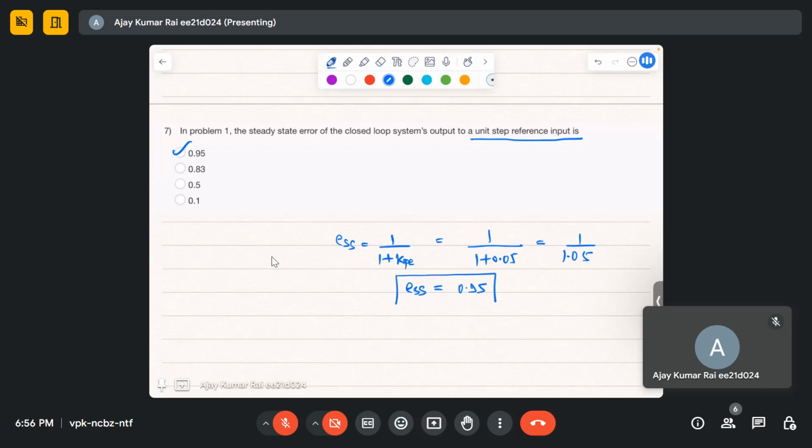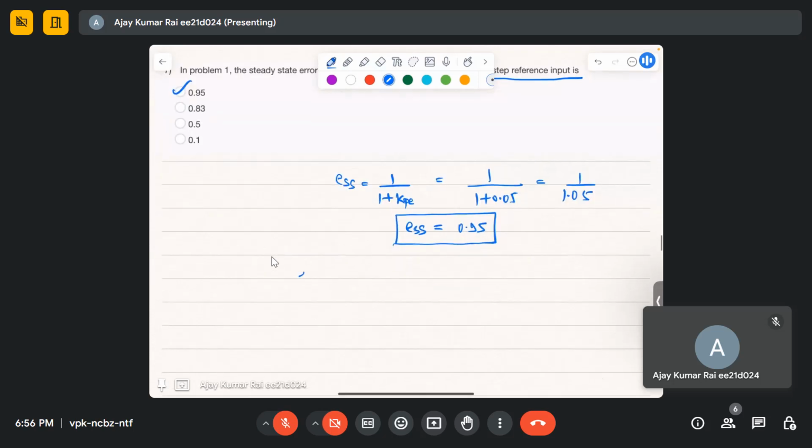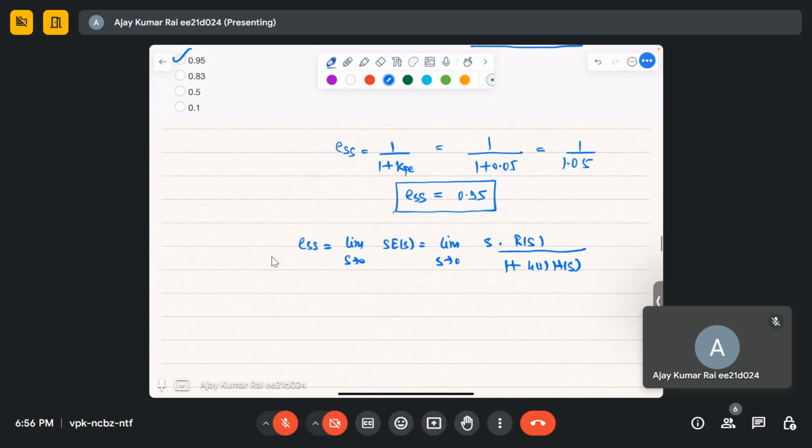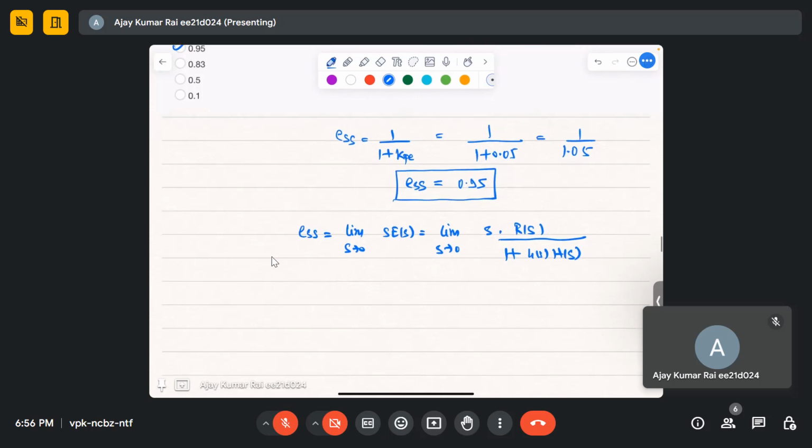If you don't remember this, what we know is error is equal to limit s tends to 0 of s into E(s). So what was E(s)? E(s) is R(s) by (1 plus G(s)H(s)), the open loop transfer function.